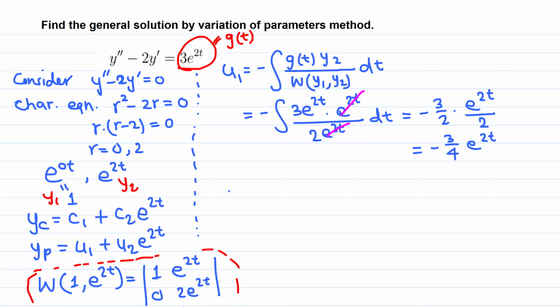That's u1. And u2 will be almost the same, but with no negative: gt y1 over the Wronskian of y1, y2.